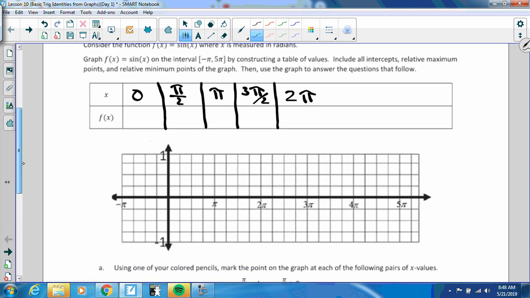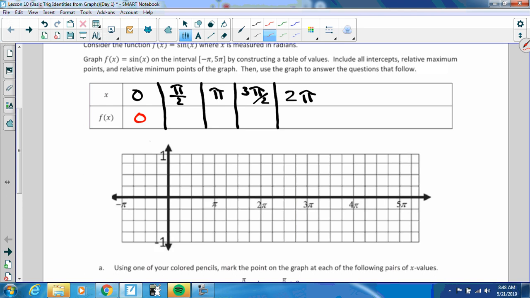Let's do this. So, again, remember, my sine is my y-coordinate, right? So when my angle is 0 degrees, or 0 radians, what's my sine of my angle? 0, right? So, should we do this in red? My sine is 0.